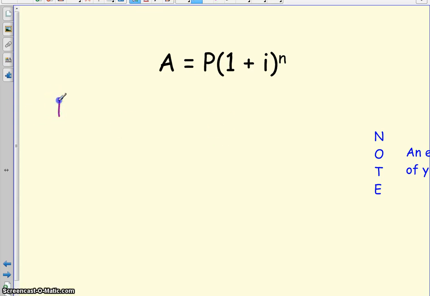P is simply going to be your principal, which is again just the original investment or the original amount that was borrowed. A is going to be the value of the investment, so the total value.